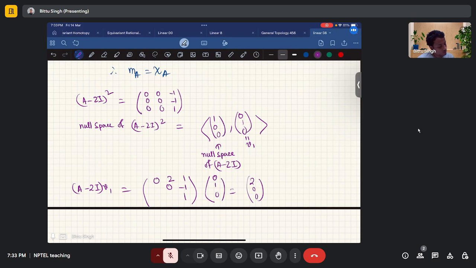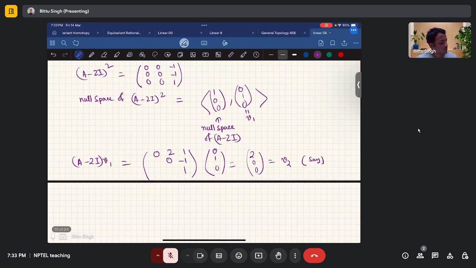Give the name v2 for this. This is v2. So v1 is chosen because A minus 2I times v1 is actually non-zero. That's why this is chosen.